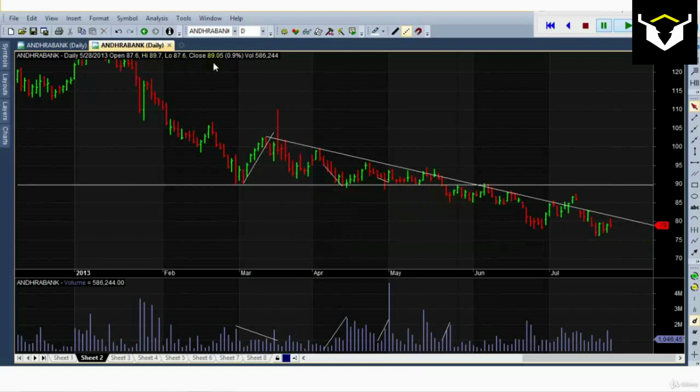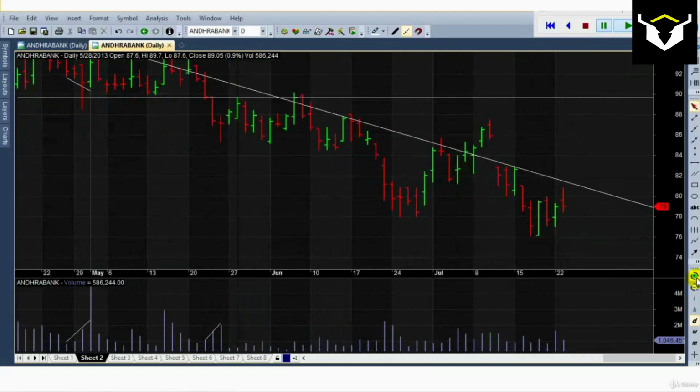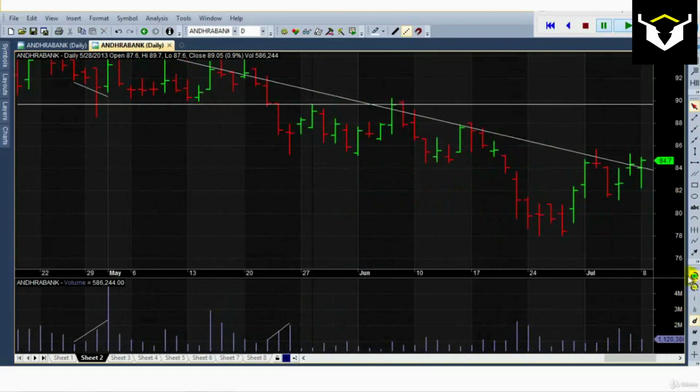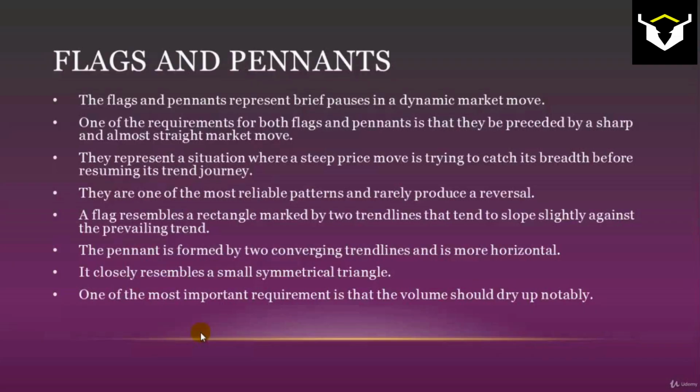Price made a high of 89.7, pulled back to the trend line, and this pullback, we will zoom inside, this pullback was on lighter volumes, suggesting that the upside move has no strength left in it and prices are going to move downward.